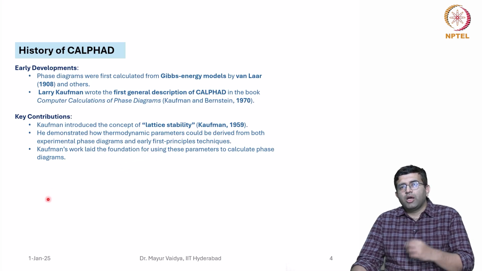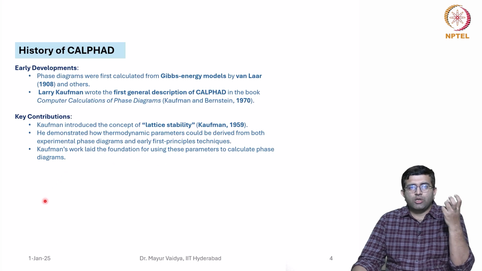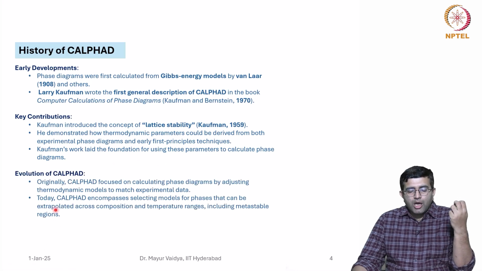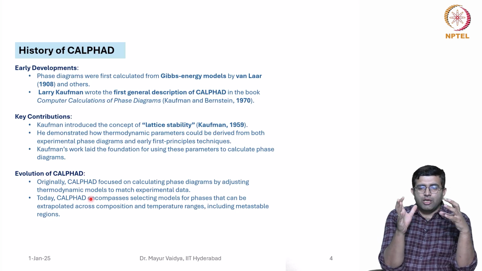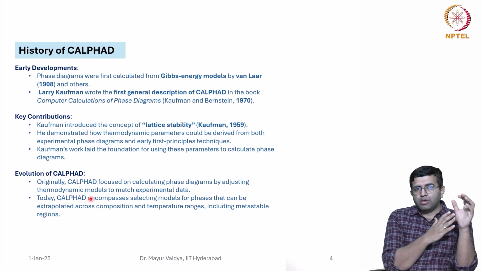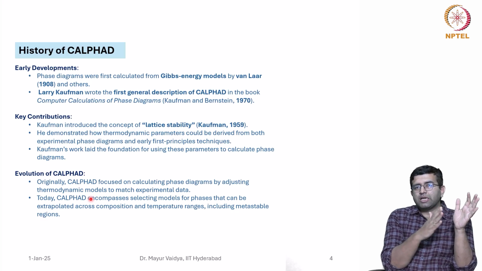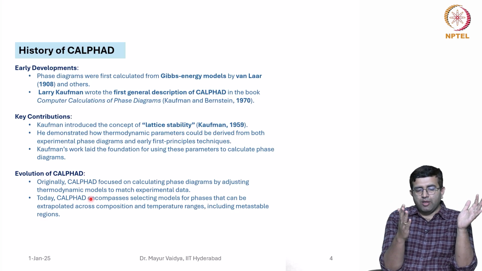It is important to see what parameters I should calculate which will help me in predicting the phase diagrams. Originally, CALPHAD focused on calculating phase diagrams by adjusting thermodynamic models to match the experimental data. So, earlier the focus of CALPHAD was that you basically calculate phase diagrams by adjusting your thermodynamic models such that they match the experimental data.